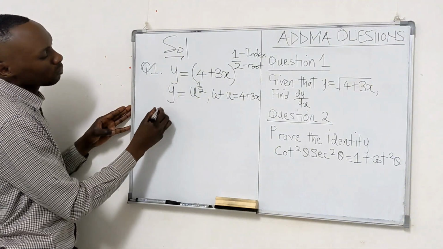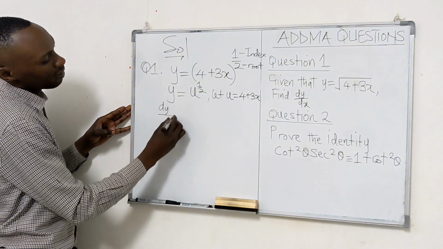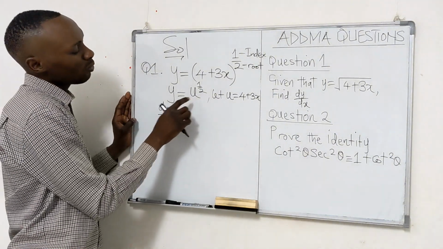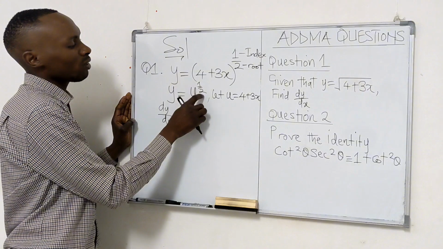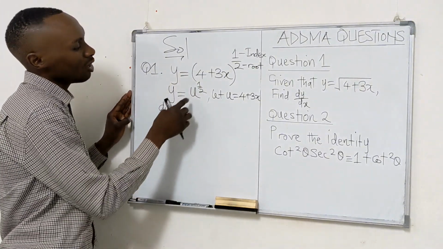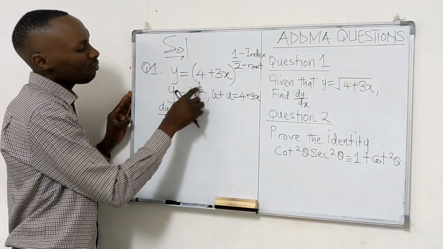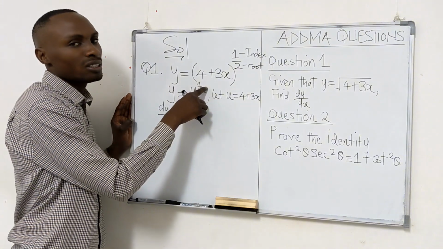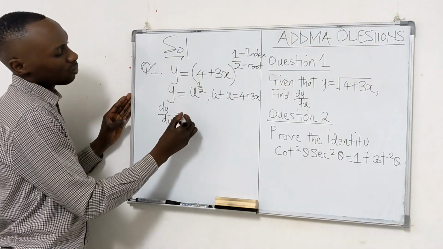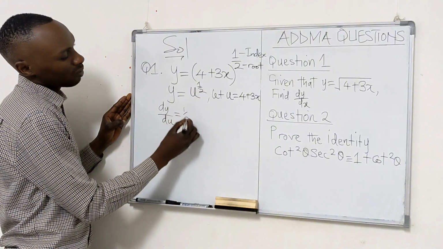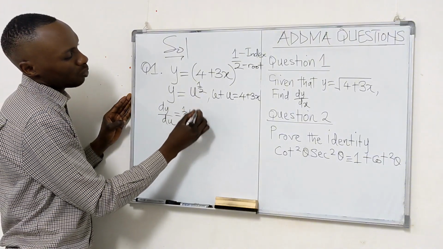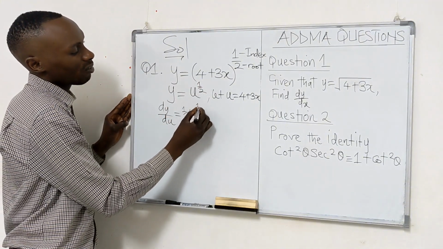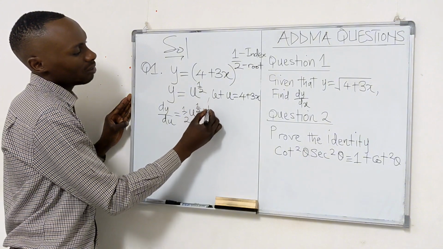For this one, we're going to say dy/du is equal to, so if you want to find dy/du of this function, we multiply the half by the coefficient here, which is 1, then subtract 1 from the power, half minus 1. So this is just 1 over 2, keeping u, and then the power half minus 1.